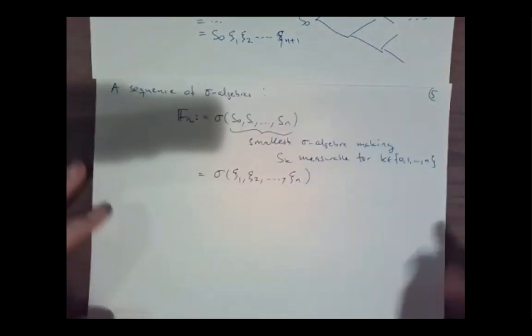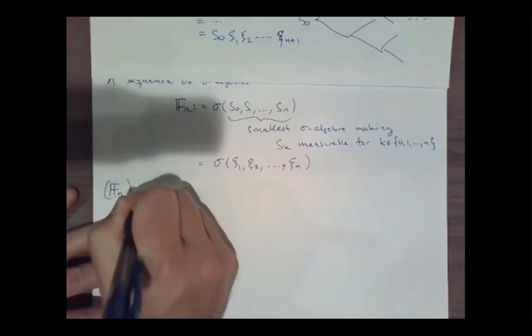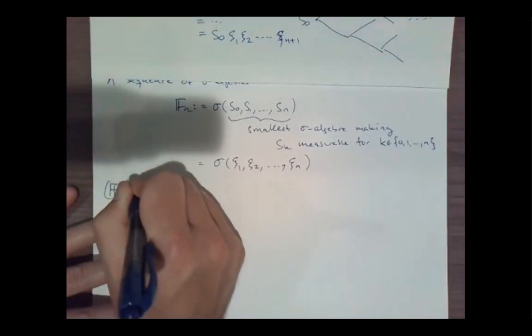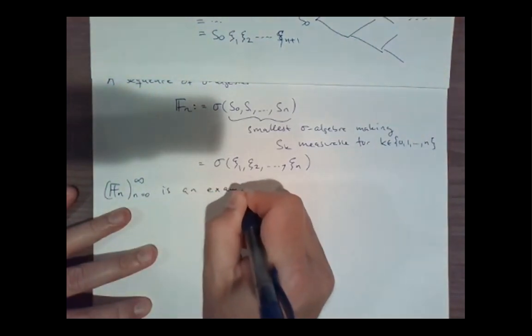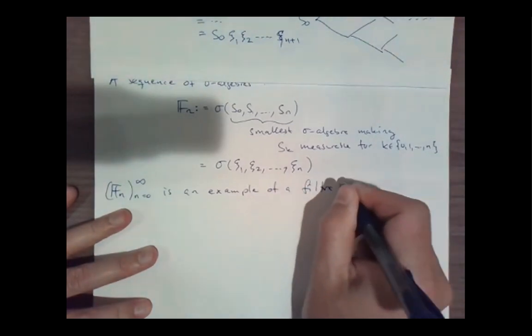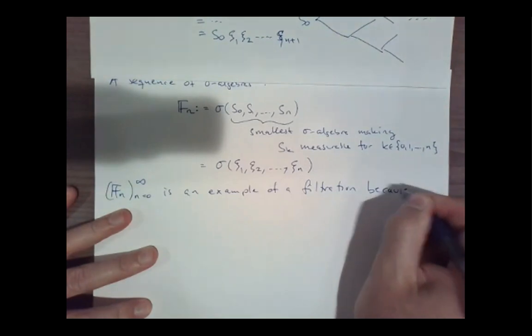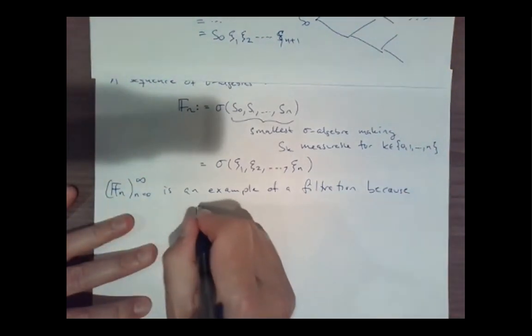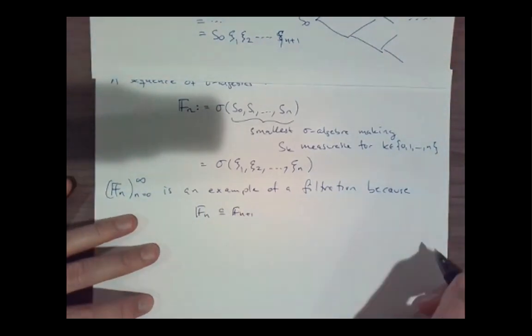So this is called the filtration. This is Fn. This is an example of a filtration. And the reason it is a filtration is because you have this increasing property that Fn is inside Fn plus 1.